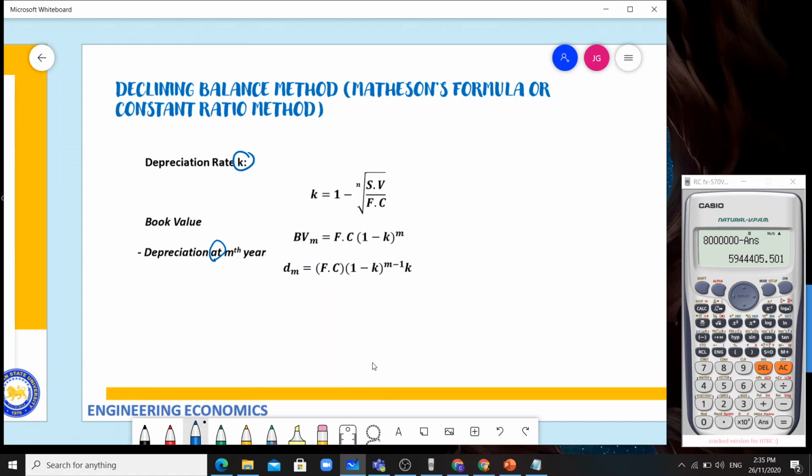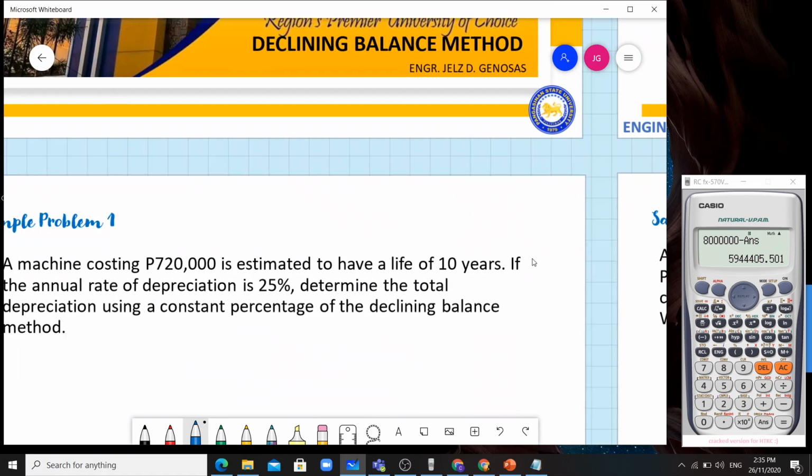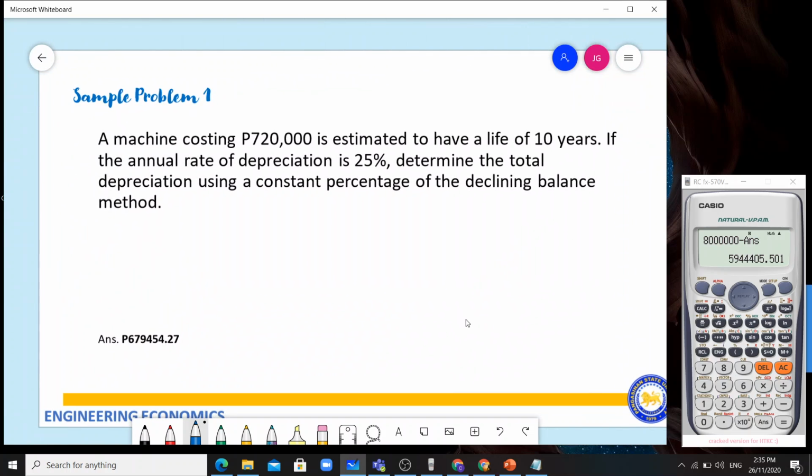Okay? So let us solve sample problem number 1. A machine costing 720,000 is estimated to have a life of 10 years if the annual rate of depreciation is 25%. Determine the total depreciation using a constant percentage of declining balance method.